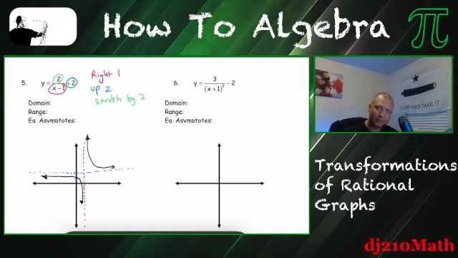Now you may ask, is the branch always in the upper right and the lower left? Yeah, it is, unless there's something added. Unless there's a negative added in, and it'll reflect it. But again, we'll cross those later.